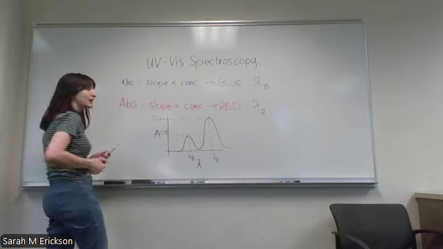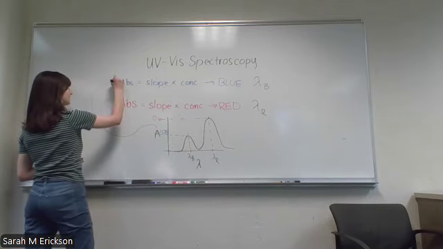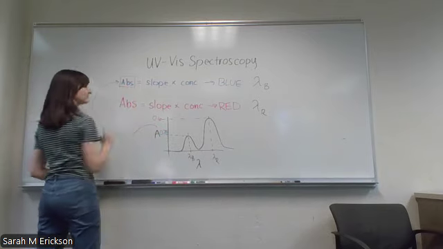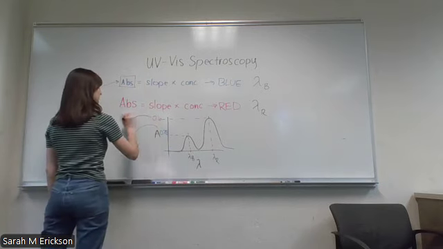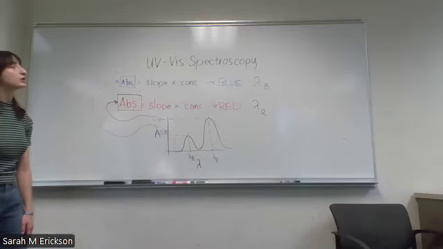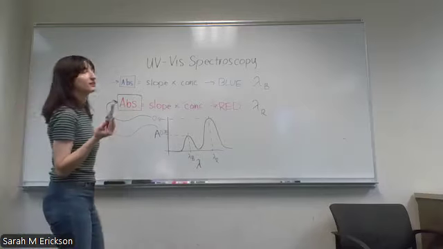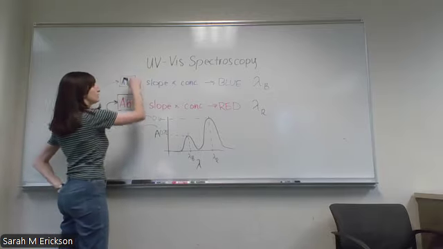You are going to take these absorbance values. You're going to take this 0.25 and plug it in for your blue absorbance in that equation that you got from your calibration curve. And you're going to take the 0.6 and plug it into your equation from your red calibration curve. What this allows you to do, now you have an absorbance value for both.